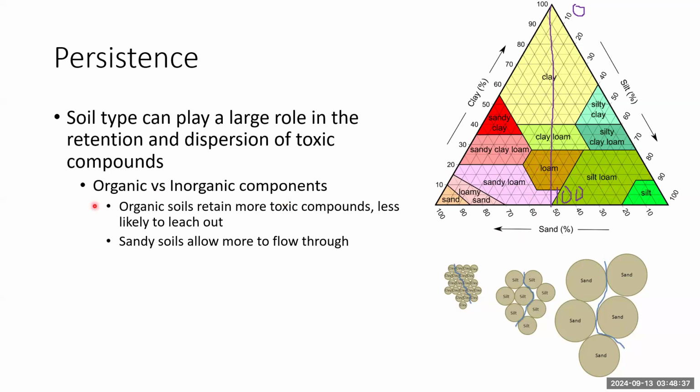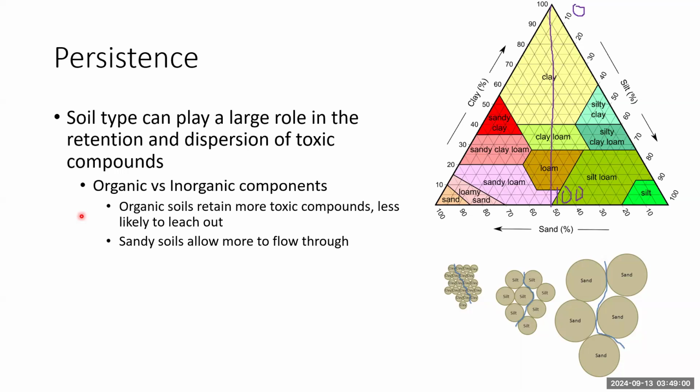The higher the organic components, the more of the chemical compounds we've been talking about are going to be retained by that organic component, right? Because organic components are going to have all sorts of functional groups stuck all over them: hydroxides, nitrogen, sulfurs, etc. They're going to be very, very sticky to all sorts of different compounds.